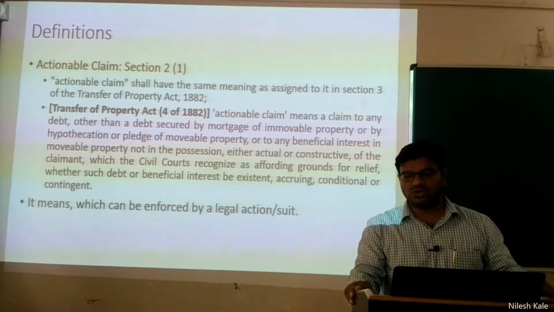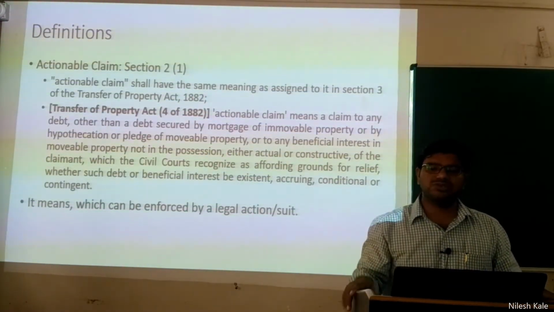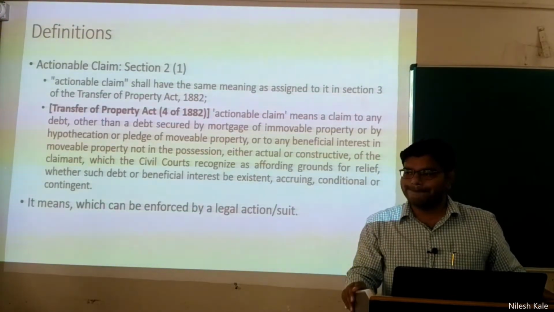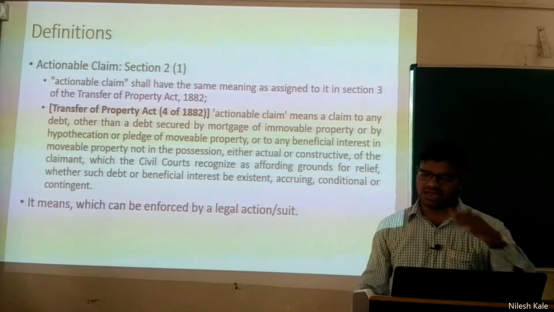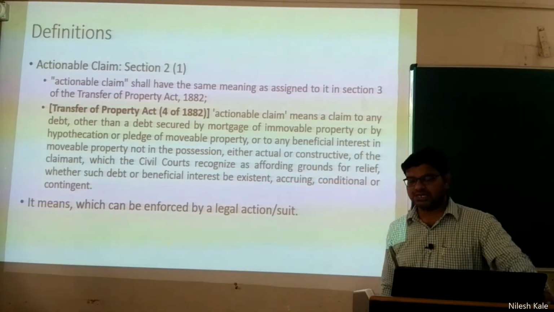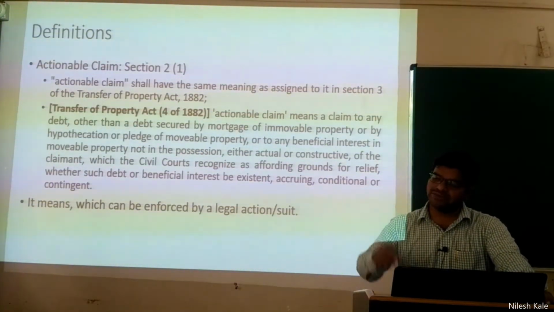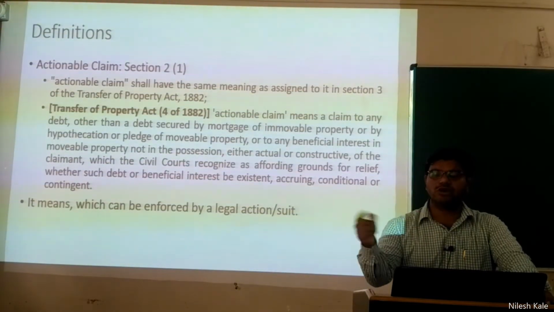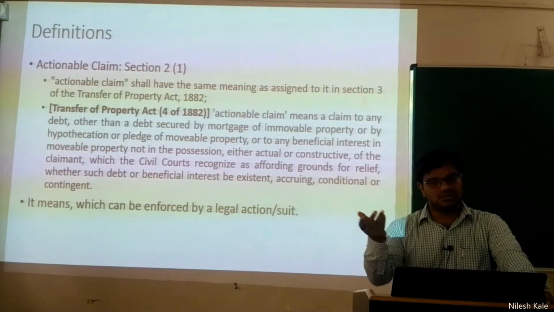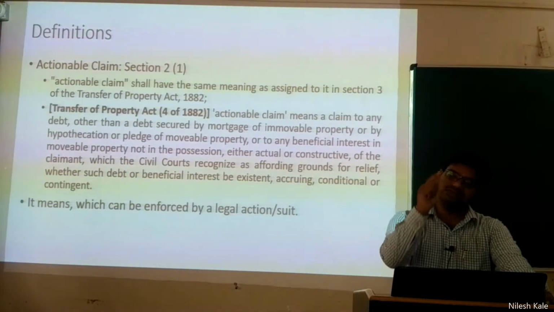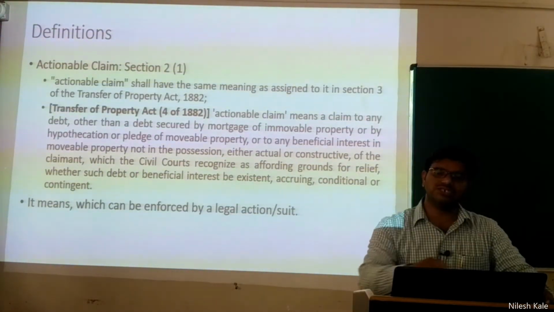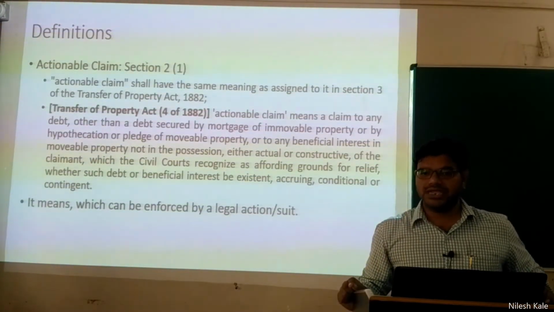After 1 year I go to him, see, you did not give me 1000 rupees, what can I do? Now that person says, kaun se 1000 rupees, I have not taken any money from you. Now this is called an actionable claim. You have the debt of him, you can get 1000 rupees from your friend, but you did not get it. That is an actionable claim. You can take action on such claims, right?